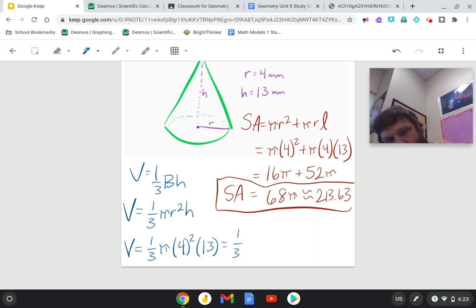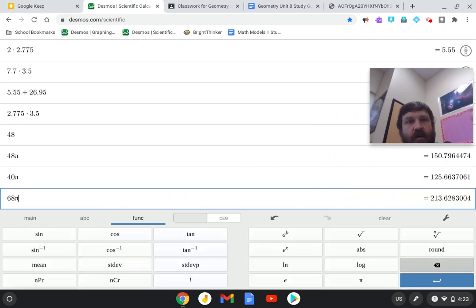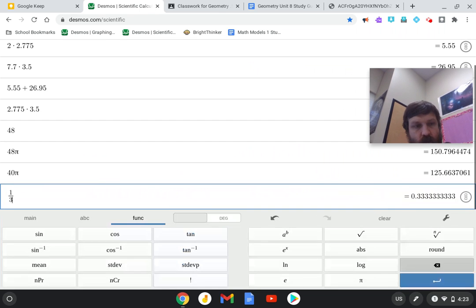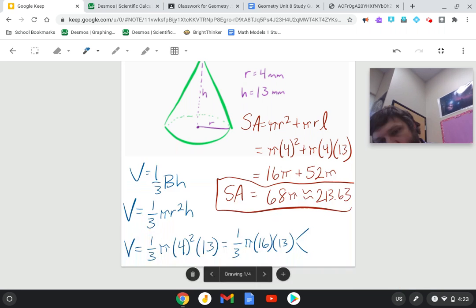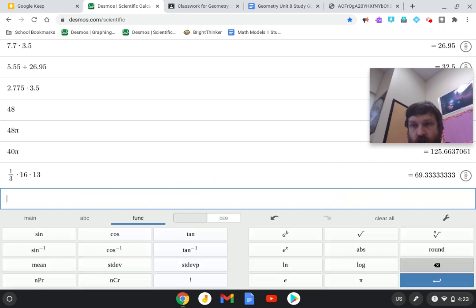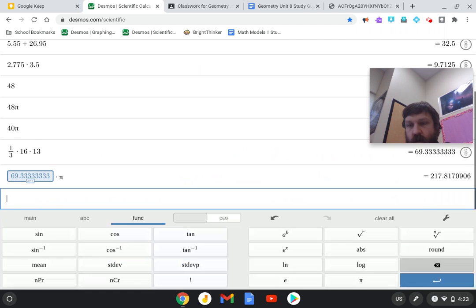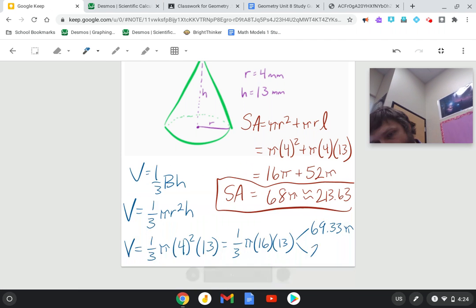We get 1/3 pi times 16 times 13, which can equal either 1/3 times 16 times 13, 69.33 pi, or I do that number times pi, and I get 217.82. All right, and those would be the answers for the volume.